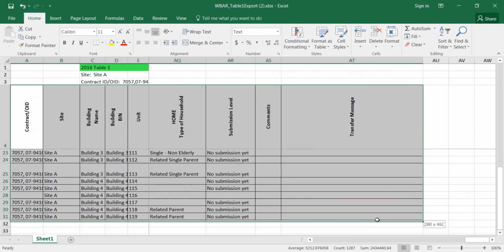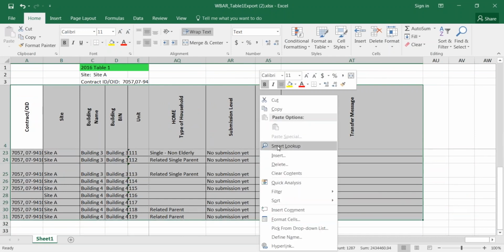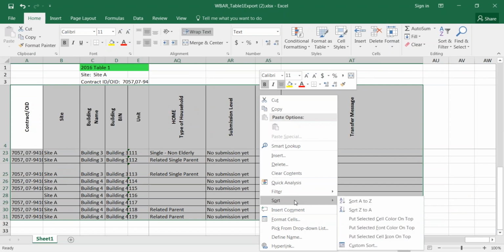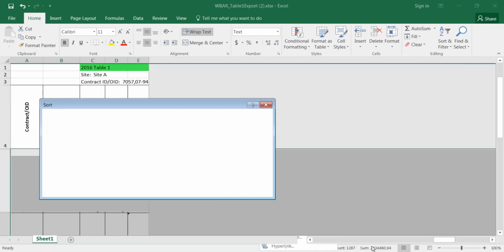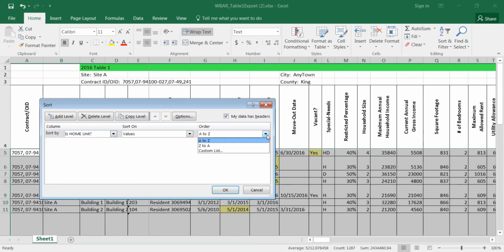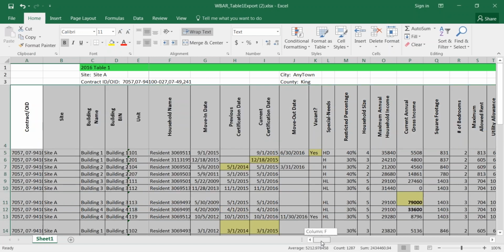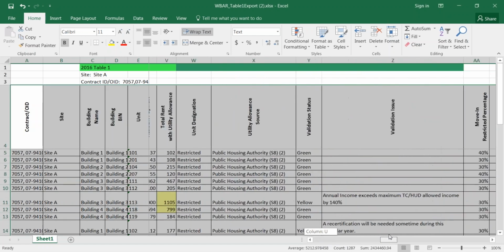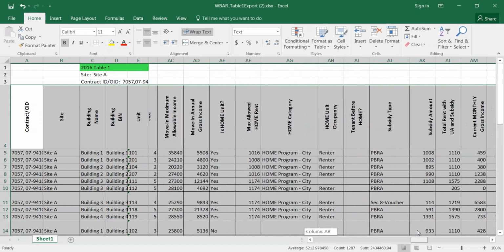It gets challenging to look at every single line, so I'm just highlighting and doing a right click, going to the sort, and doing a custom sort. I'm going to sort by, is it a home unit? And because it's a yes, I'm going to switch the reverse order so they all show up at the top.